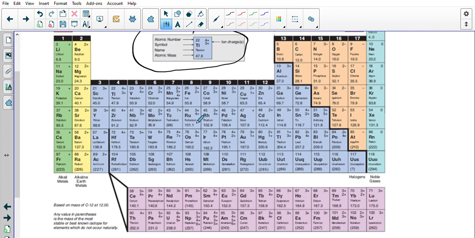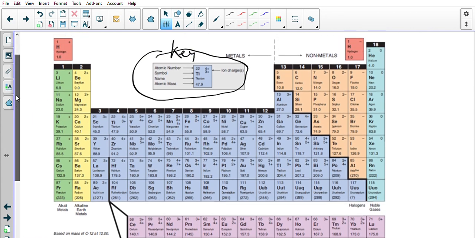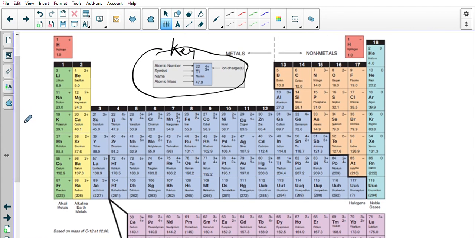This is just really an introduction. The periodic table of elements is really important to chemists, really important in terms of showing relationships between elements. You don't ever have to memorize the elements of the periodic table. You'll always have a periodic table if you need it on a test or quiz or something like that.